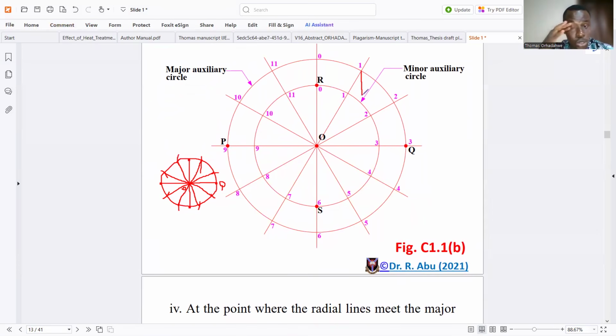Of course, you need to use your set square to make sure that line is parallel to the RS line. And then at the point where they meet the minor axis circle, project a horizontal line parallel to the PQ line. Okay, so you do the same at every point here, like that.